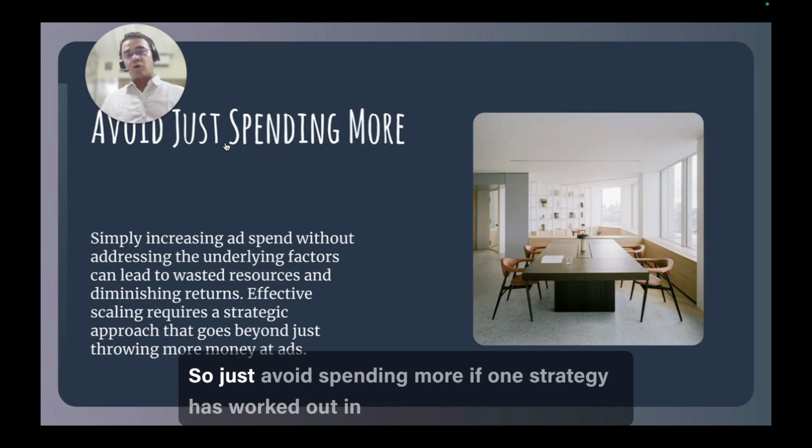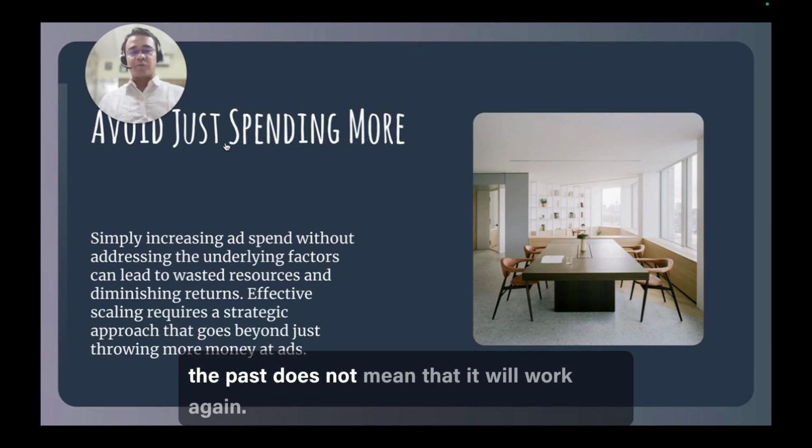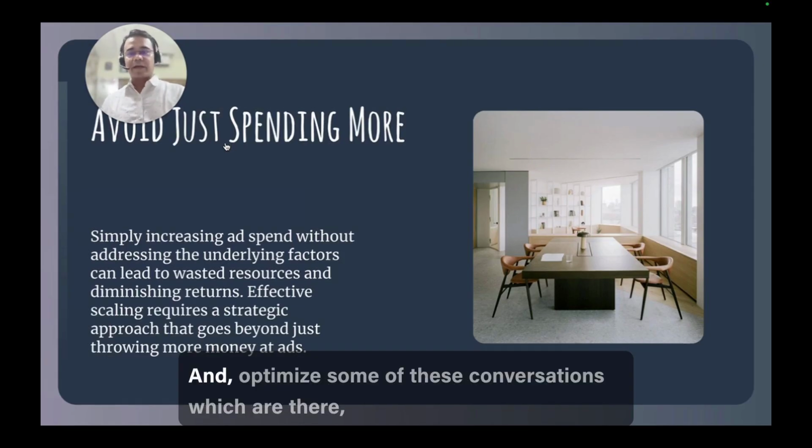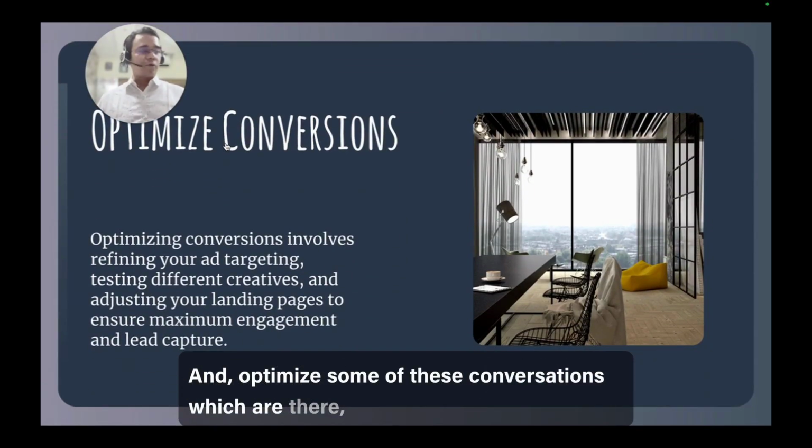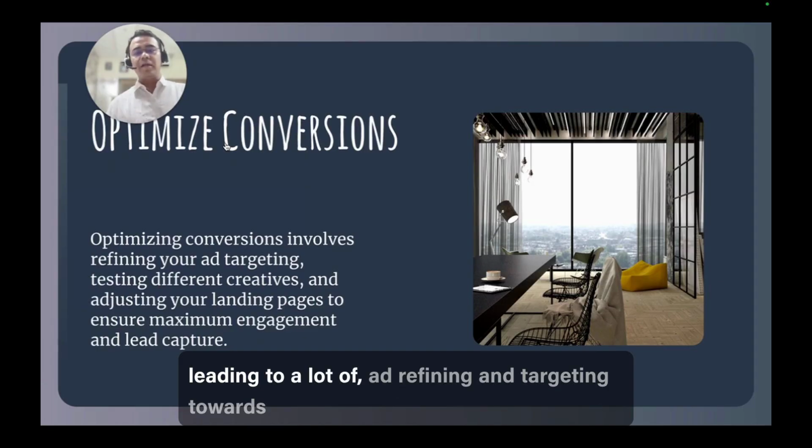So just avoid spending more. If one strategy has worked in the past, it does not mean that it will work again. And optimize the conversations, leading to a lot of ad refining and targeting toward the specific customer.